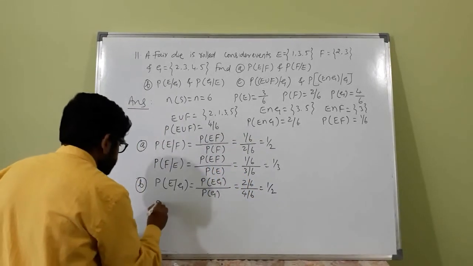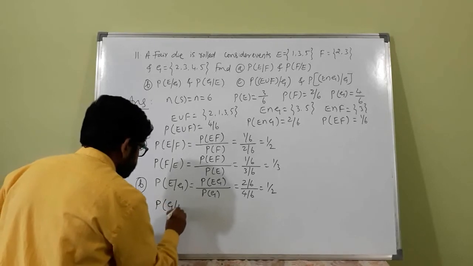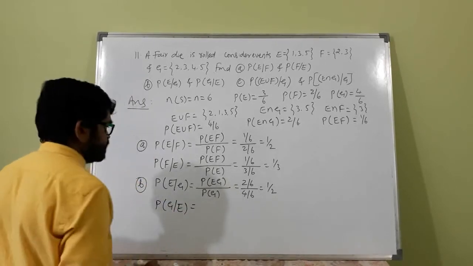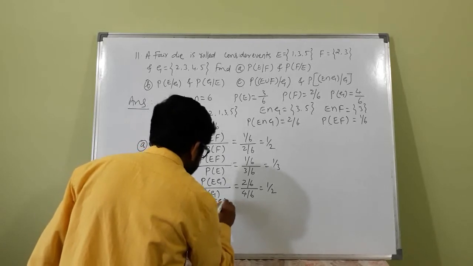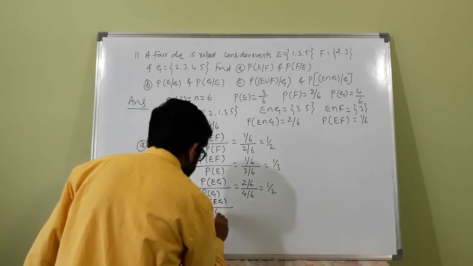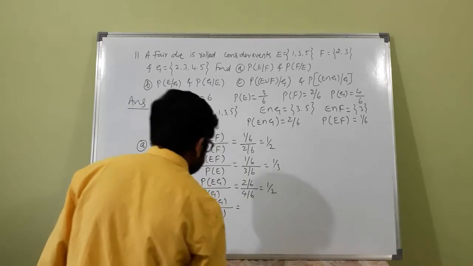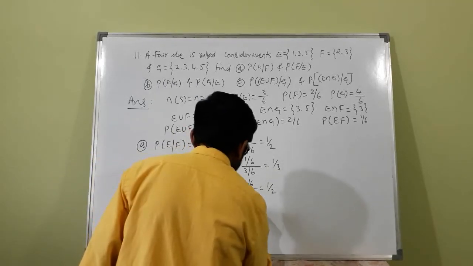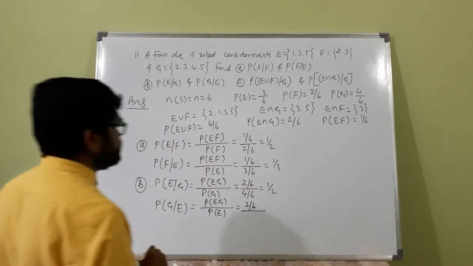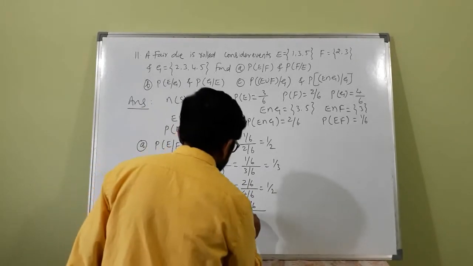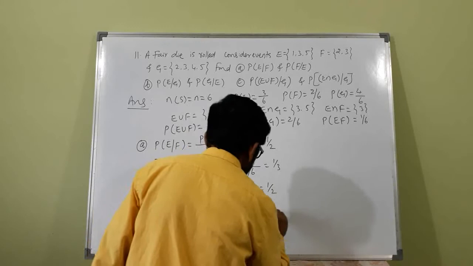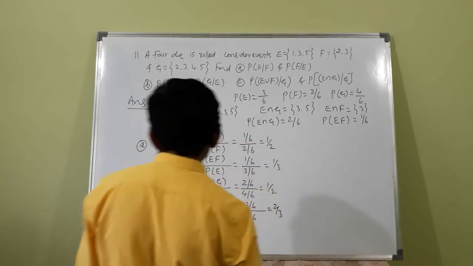And probability of G given E is the numerator remains the same, 2 by 6, divided by probability of E, which is 3 by 6, so it is 2 by 3.